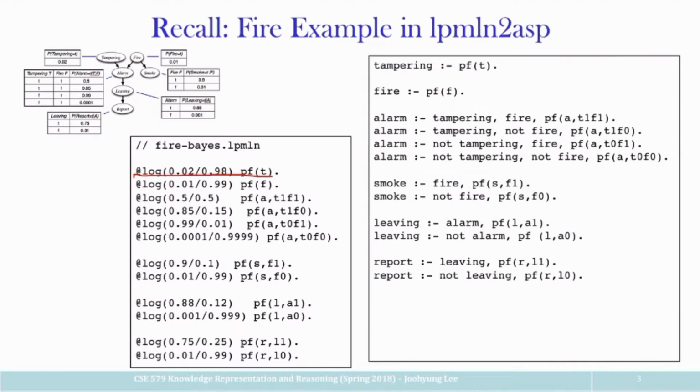And the DAG part can be represented by this rule. The parent comes into the body, and the child comes into the head. So tampering is true if this fact is true. In the more general case, you will see like this one: alarm becomes true when tampering is true and fire is true. But you also have to check that the probability fact associated with this condition is true.